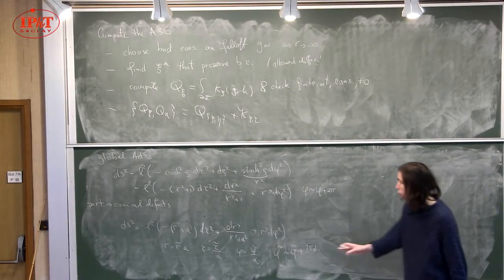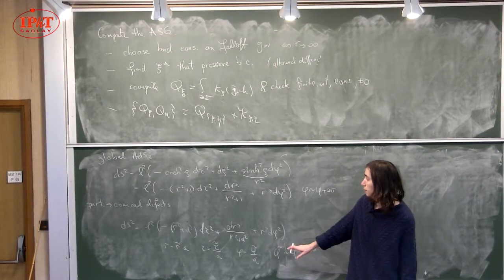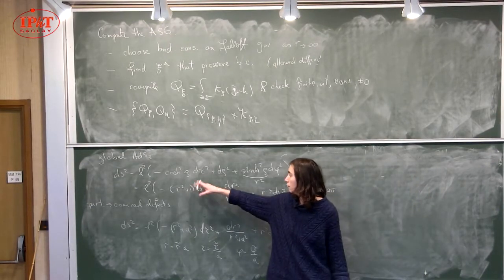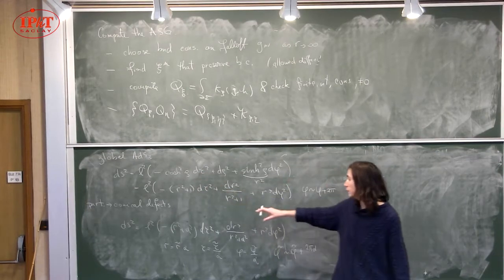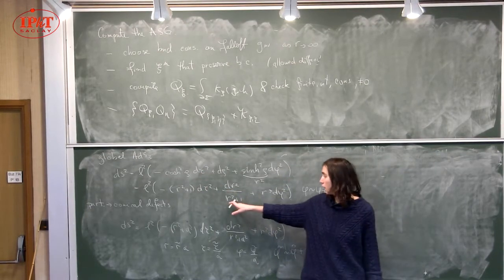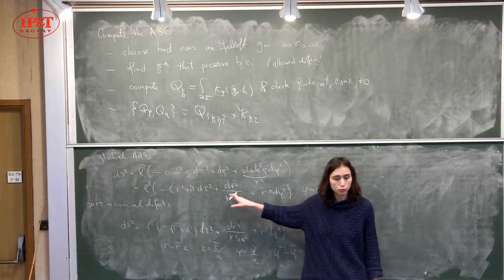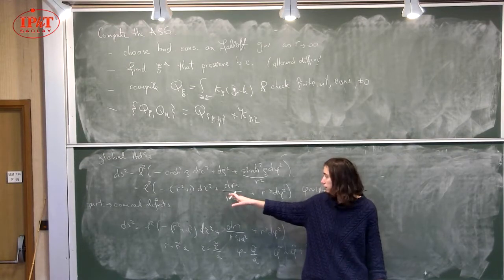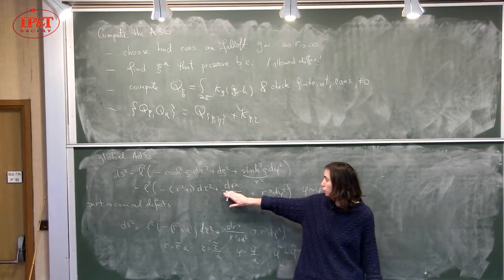Now if you look near the center of the spacetime, let me fix tau constant, and I'm taking r to 0, so I'm really going towards the middle of AdS3. The metric is going to look more or less like that of a disk.